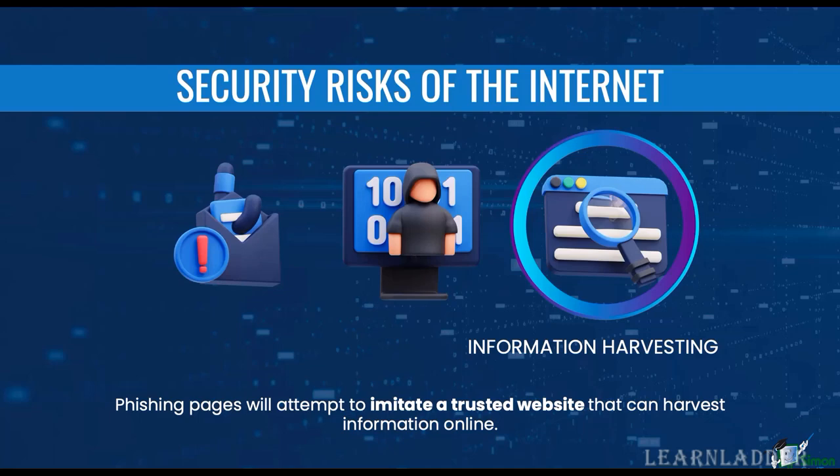One of the classic ploys of a phishing page is to imitate a trusted website. You enter your username and password, which gets sent to the attacker rather than your intended organization. That's one type of information that can be harvested online. It's also possible that information can be collected from various sites you used, information posted online, or other collection methods.